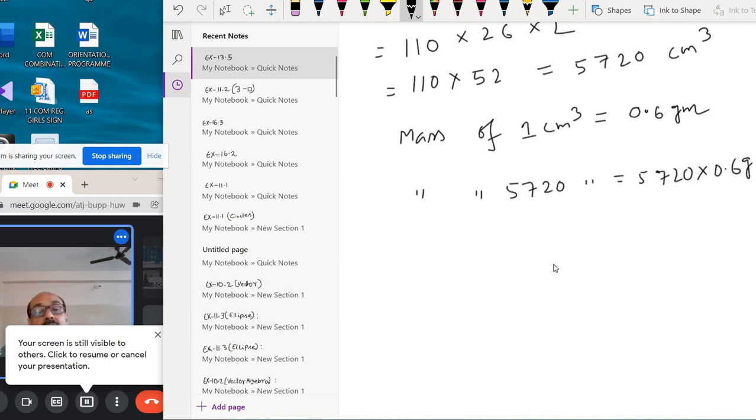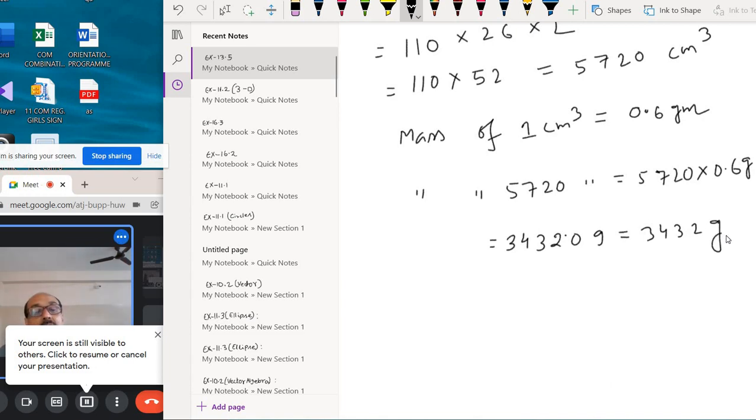So multiply 5720 into 6, then keeping one digit after the decimal point, this is 3432 gram.